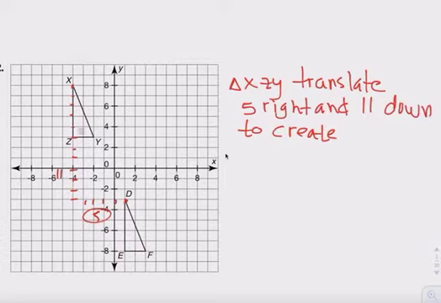Because this triangle is the pre-image, it's going to make this. So that's going 5 to the right and 11 down that way, to get to that point.